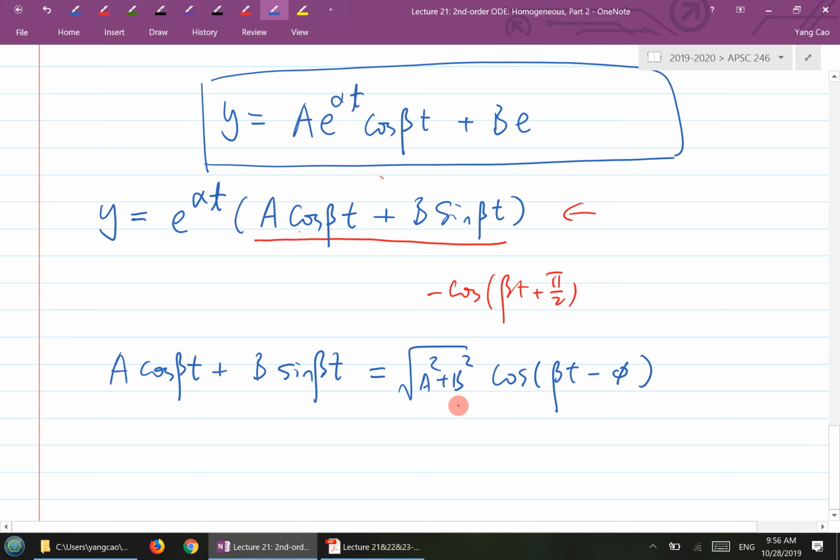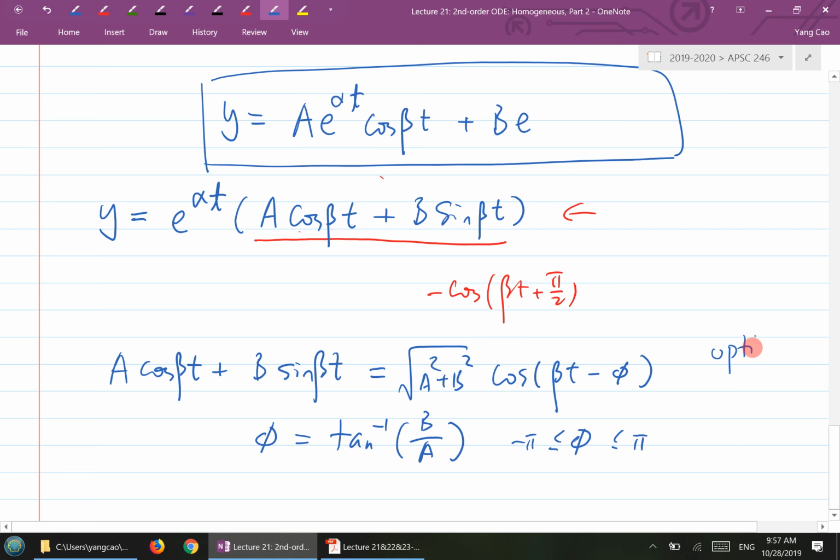The magnitude becomes square root of a squared plus b squared. The frequency is not changing. And then there is a phase angle phi. The phi is equal to inverse tan of b over a. The phi is always between negative pi and pi.